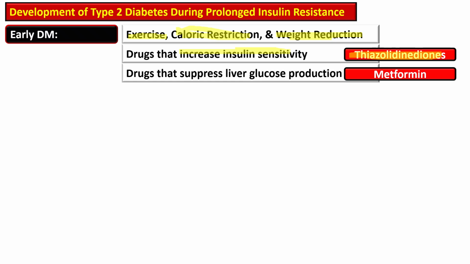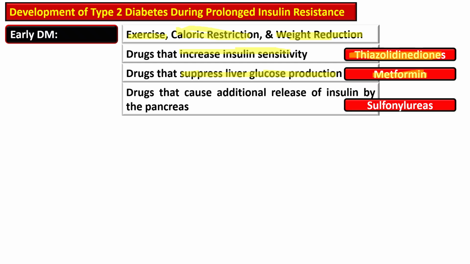Then in early diabetes, metformin can also be used. It suppresses glucose production in the liver and improves peripheral glucose utilization. Then sulfonylureas, for example, glyburide and glipizide, stimulate the pancreas to release insulin.